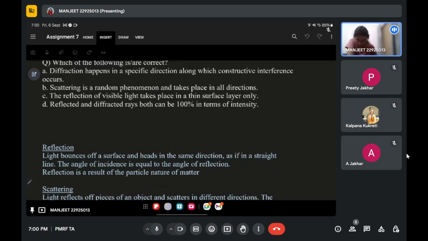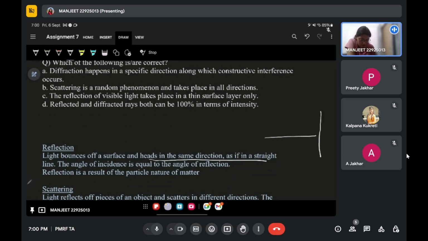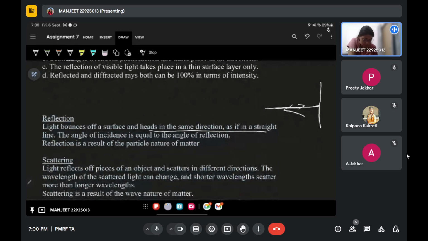Reflection is basically light bouncing off a surface and heading in the same direction as if in a straight line. If this is my surface and the light is coming in this way, it will bounce off and head back, because my angle of incidence will be equal to the angle of reflection. It is the law of reflection.